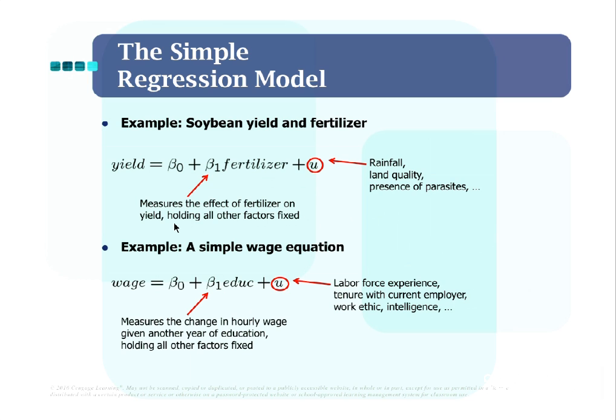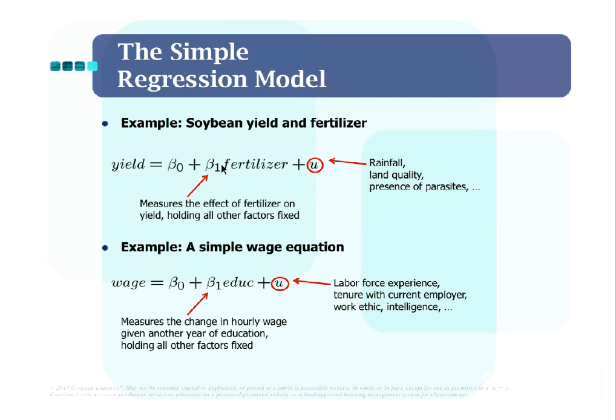Other factors can be rainfall, soil quality and the presence of parasites. So this beta 1 says, if I increase fertilizer by 1 unit, then the yield will increase by beta 1 units.